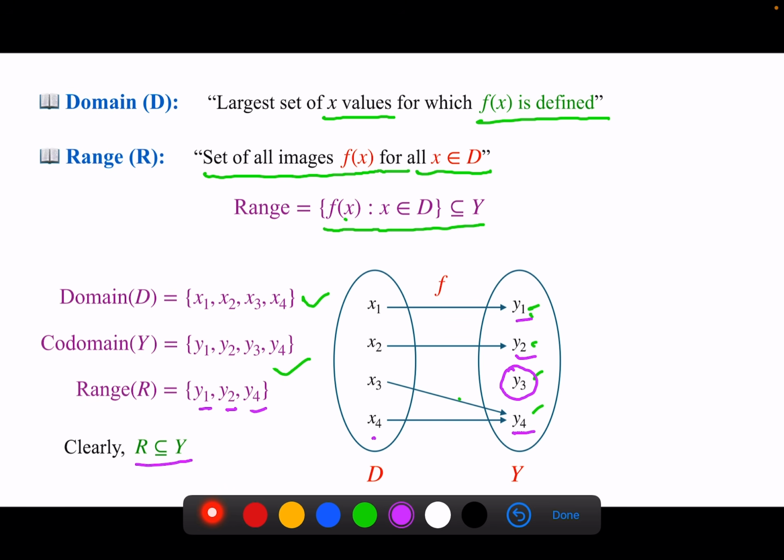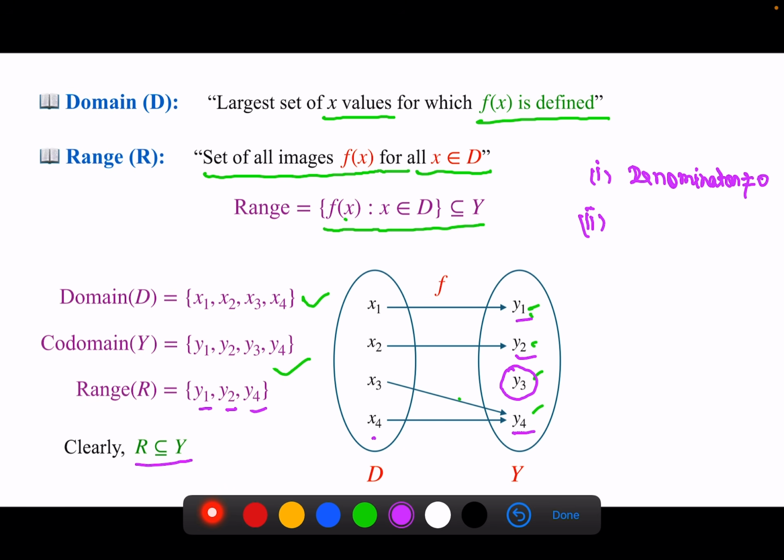Restrictions on x values means the values of x for which the function is not defined. Some of the restrictions may be: if we write a denominator, it should be not equal to 0.